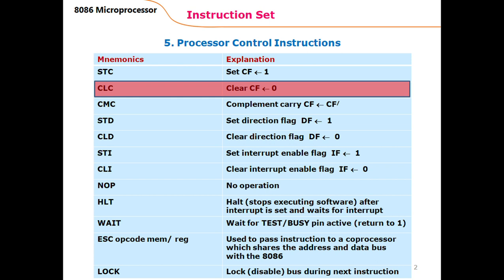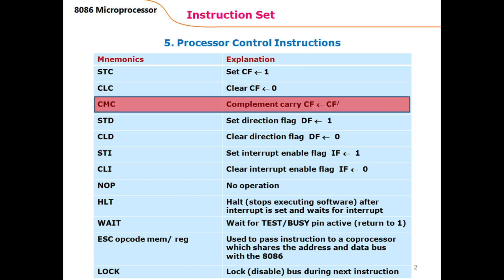There is a third instruction as well, CMC, that means to complement the value of the carry. So the carry flag is complemented by this instruction. This means that if the carry flag is already set, this instruction would clear it, and if it is already clear, this instruction will set it.